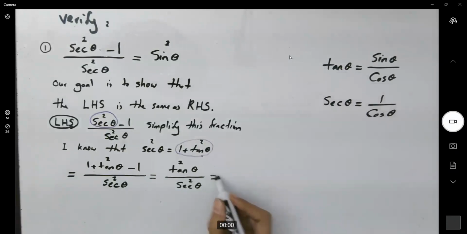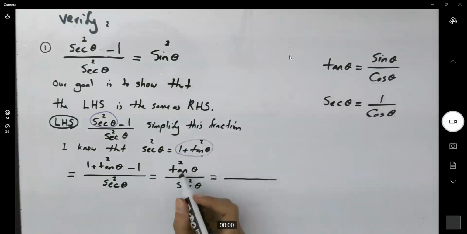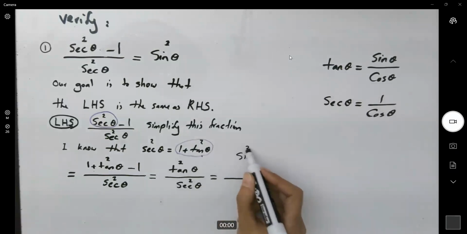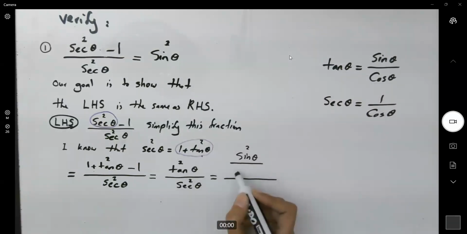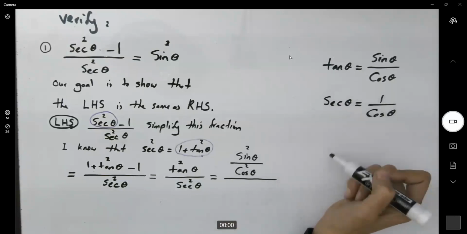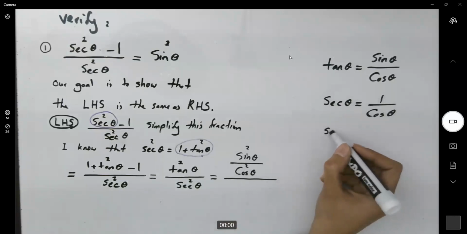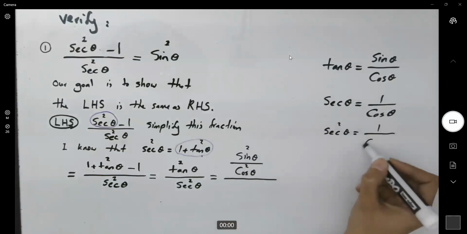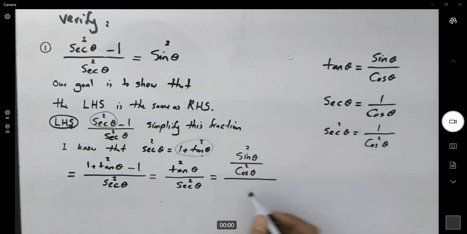So your tangent squared becomes sine squared of theta divided by cosine squared of theta. On the denominator, secant squared of theta is 1 over cosine squared of theta.